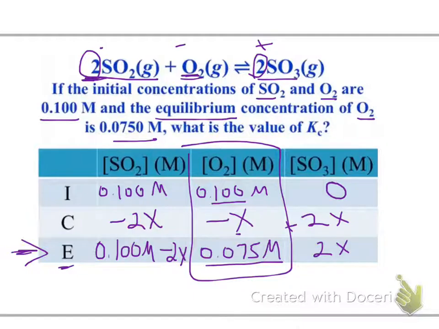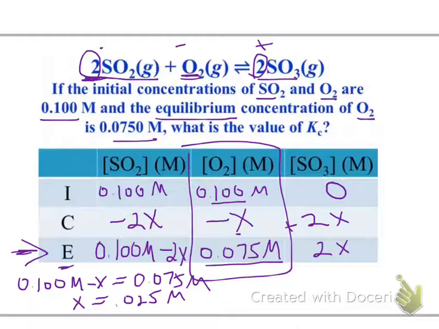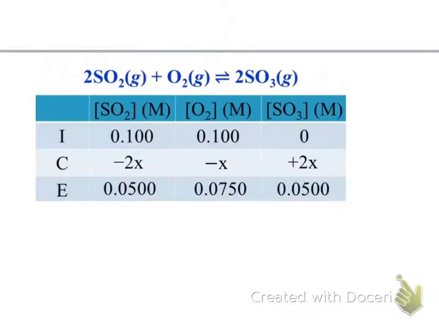So my 0.100 molar, what I started with, minus X is going to equal 0.075 molar. And so if I solve for X, I'm going to get X is equal to 0.025 molar. Now I can plug this in for my X in my equilibrium concentrations, right here. And when I do that, I get the table on the next slide.